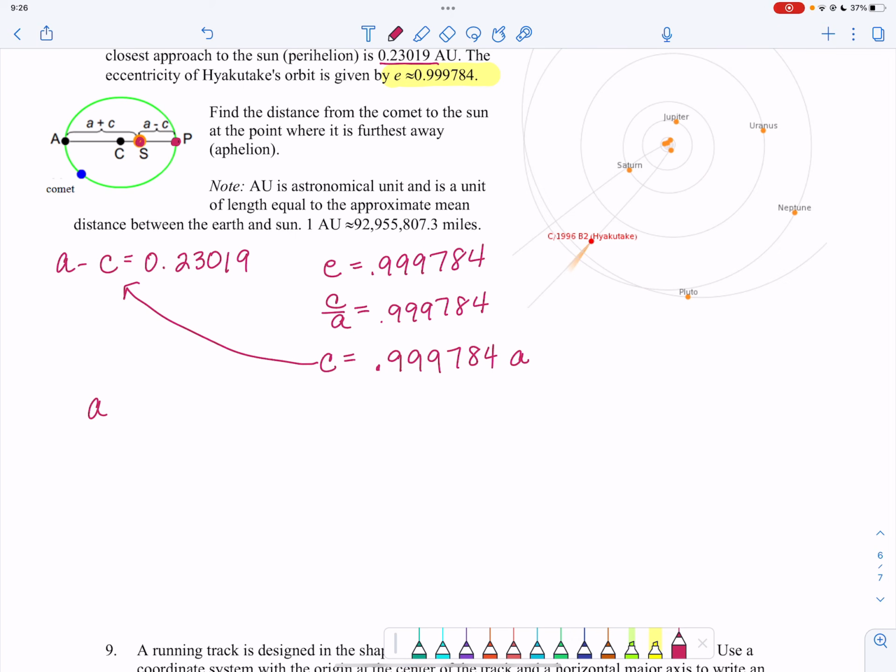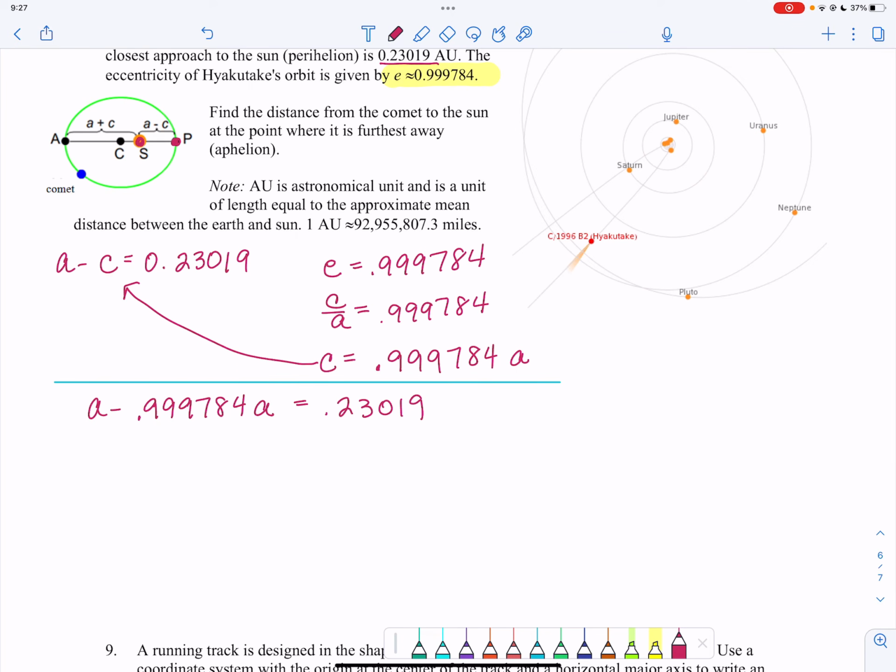So now we can say A minus 0.999784 A is equal to 0.23019. Just draw a line here. And we can go ahead now and combine those A values.